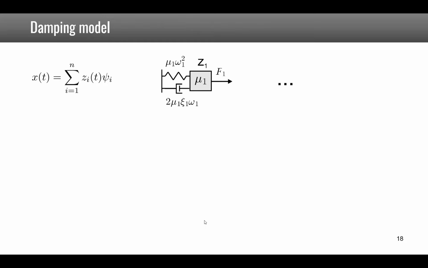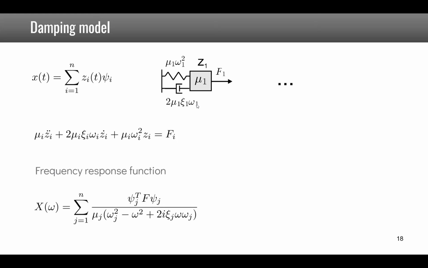So by assuming that x is a combination of modal amplitudes and mode shapes, you can also add some damping to each of the single degree of freedom systems in the form of a modal damping coefficient. And this is the equation you have to solve for each mode.